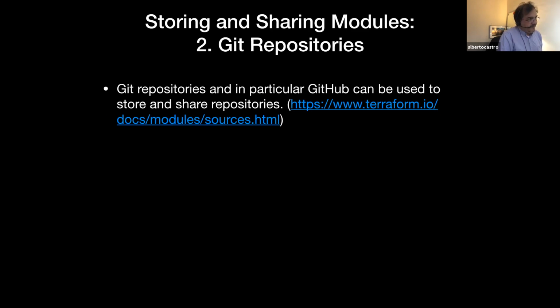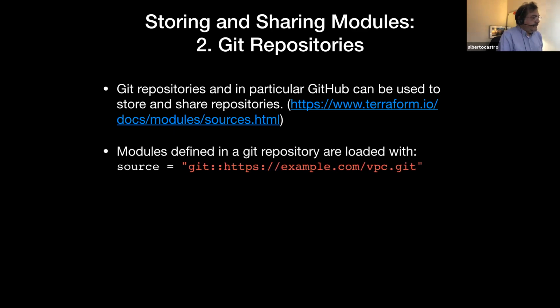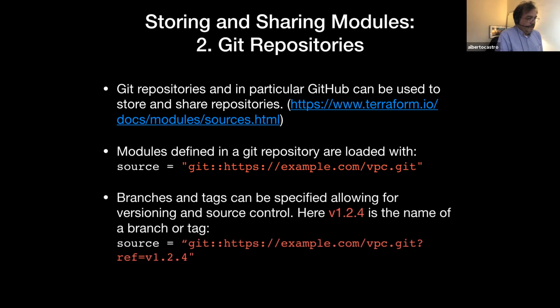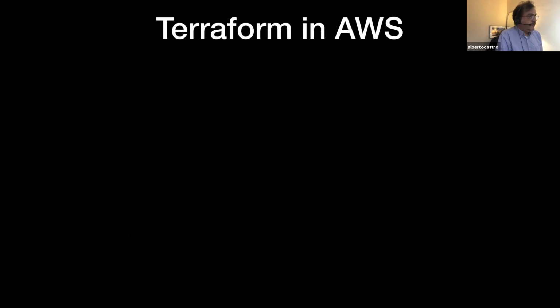The other very useful way of sharing modules is by using Git repositories. Remember I was saying the source of this module is a directory? I can also specify a Git repository. But I can also specify a Git branch or a Git tag, which is very useful.